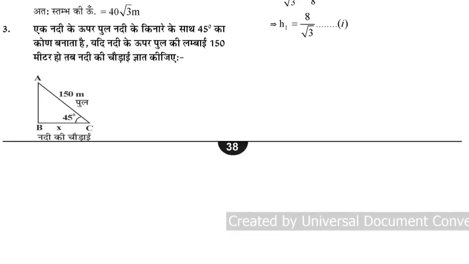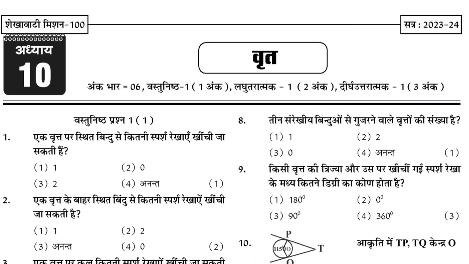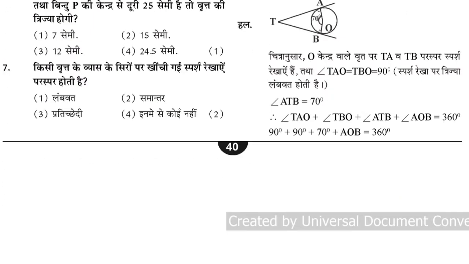This is the application of trigonometry. The 10th chapter is circles, which contains 6 marks. There are a total of 3 questions: objective type, small answer type and medium answer type.